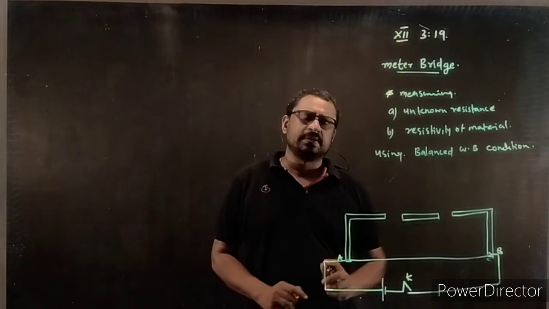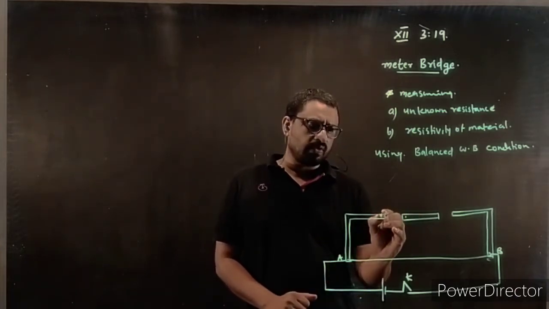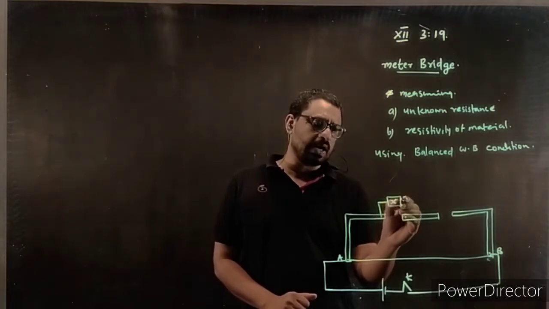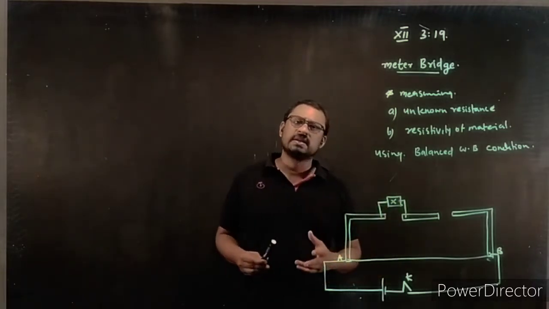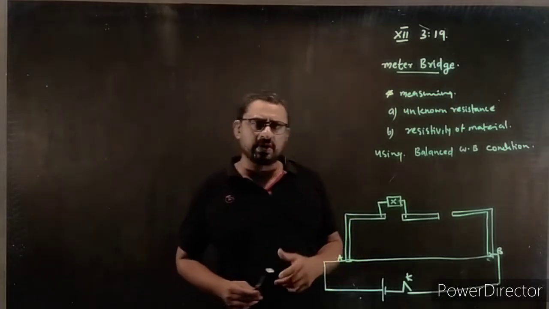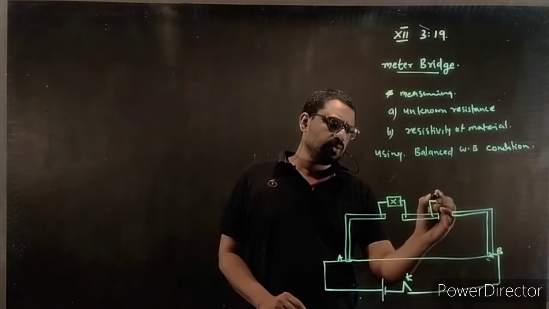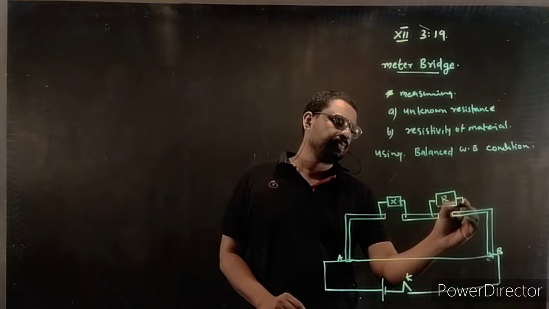And at the two gaps, at the left gap, you connect the unknown resistance whose value is to be found. And at the right gap, you connect a resistance box.